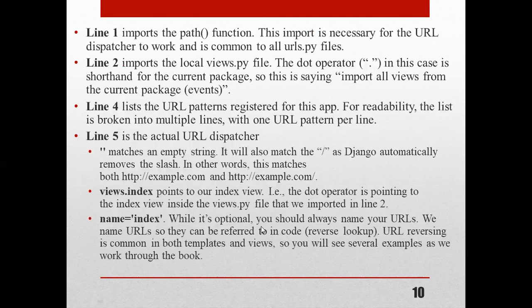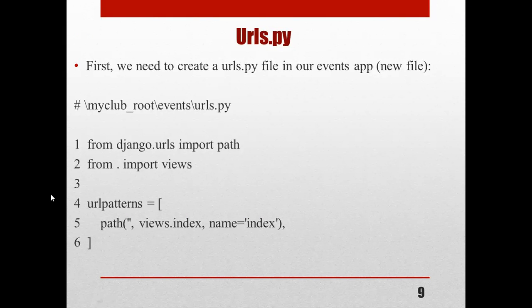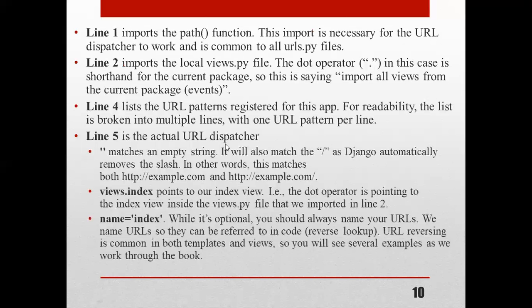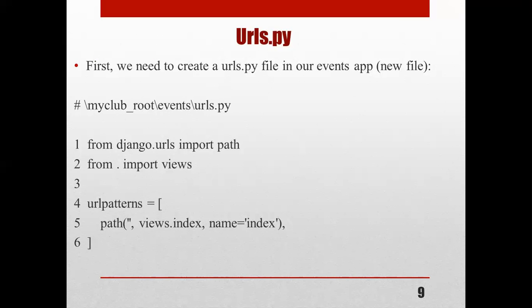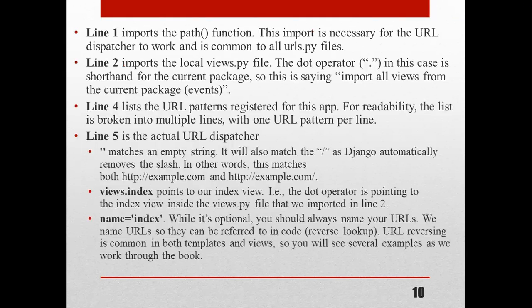So here you can see line one, that import. This will import the path function. This import is necessary for the URL dispatcher to work, and it is common to all urls.py files. We have to import the path function. Here is how to import: from django.urls import path. Then the second line, from . import views. This will import the local views.py file.